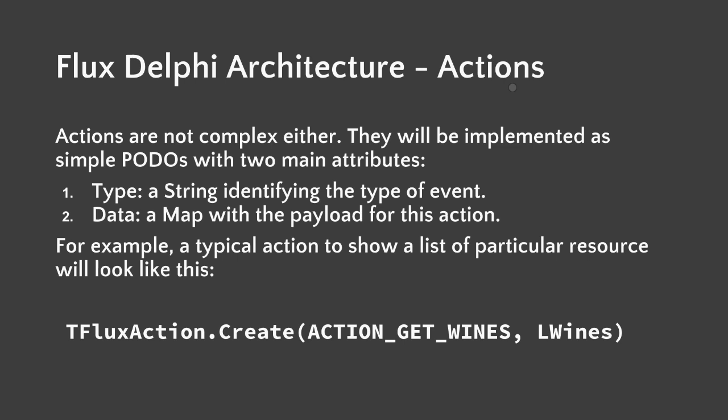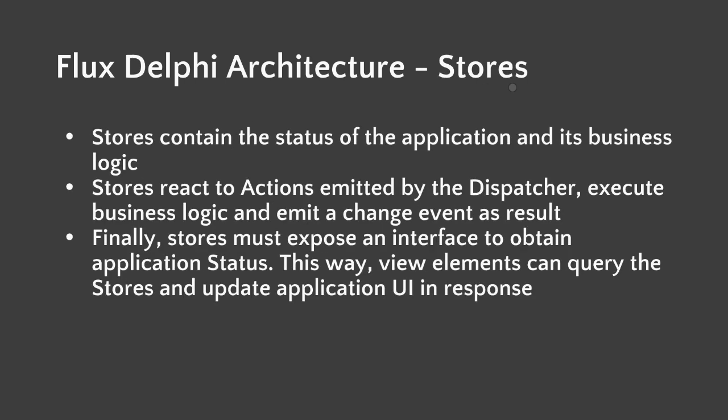On the slide you can see an example: Flux application create, where the first parameter is a constant string that represents the action, for example get wines. You want a list of wines because it's related to the final demo. So this is the action, and the payload is the list itself, the list of the requested resource in this case. Stores.